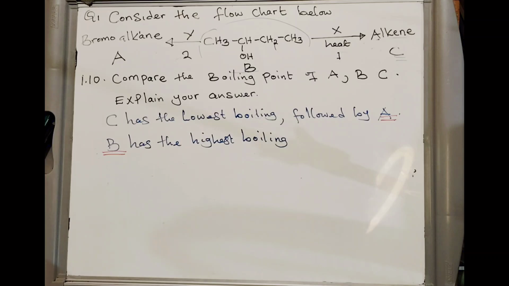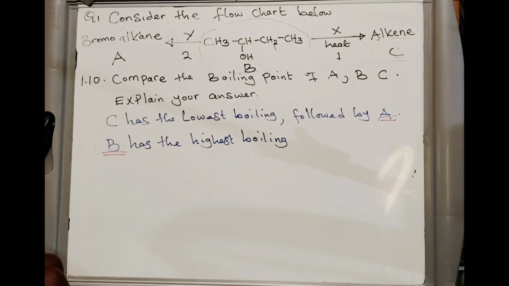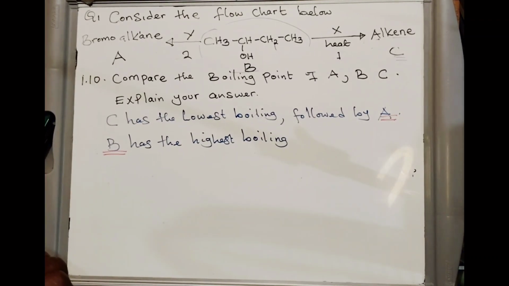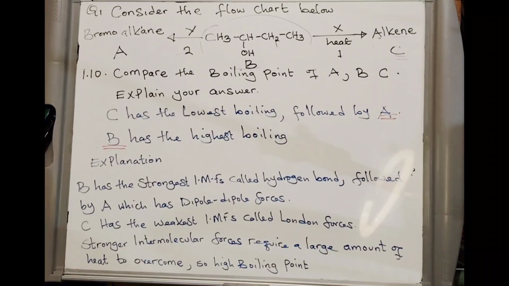So let's write that one down. This is the explanation. We say B has the strongest intermolecular forces called hydrogen bond, followed by A, which has dipole forces.